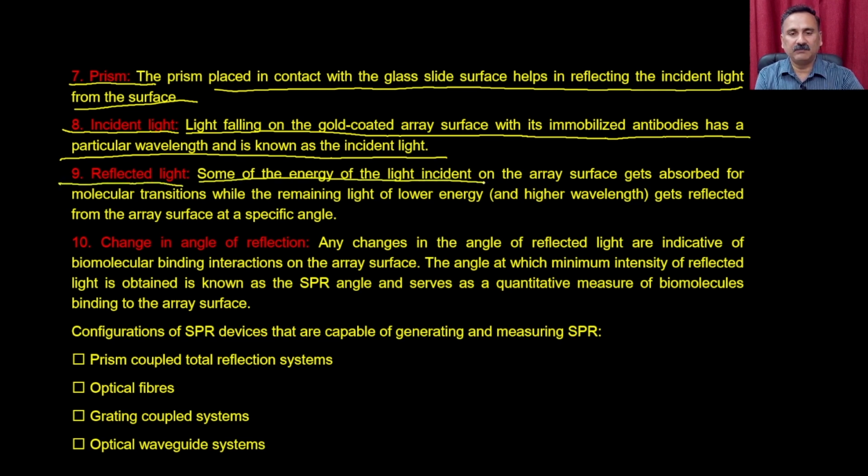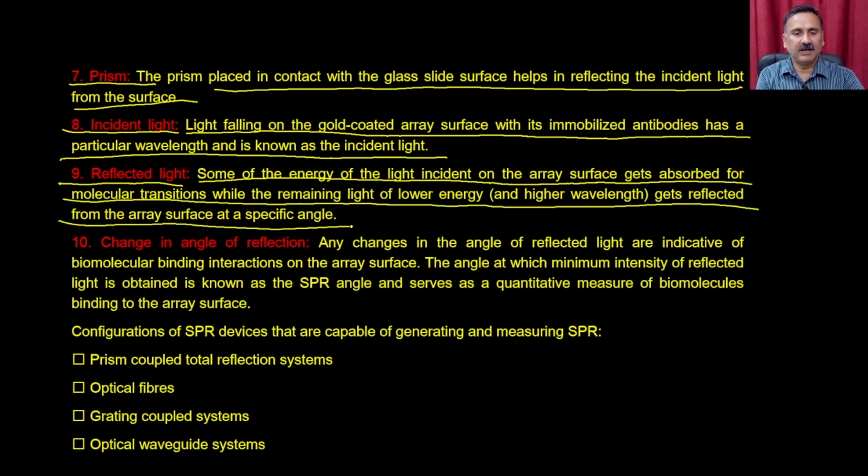Some of the energy of the light incident on the array surface gets absorbed for the molecular transition, while the remaining light of lower energy gets reflected from the surface at a specific angle. Then you also require the change in the angle of reflection. Any change in the angle of reflection is indicative of the biomolecular binding interaction on the array surface.